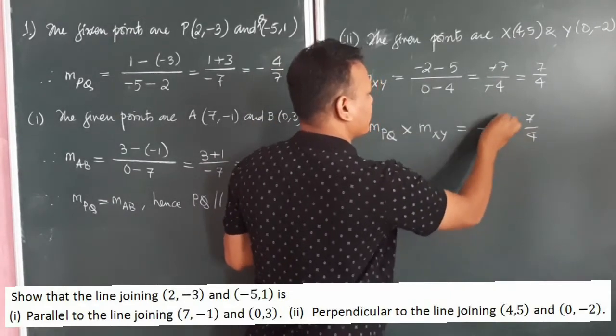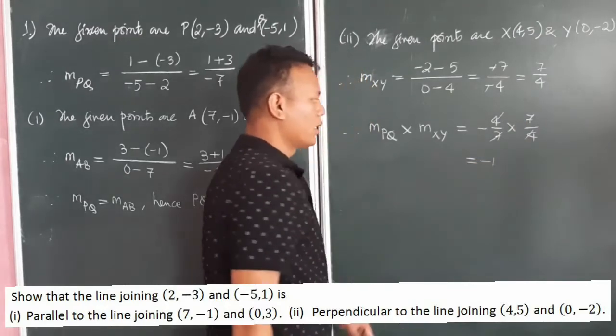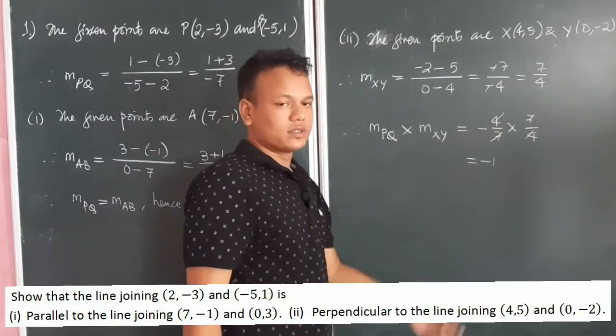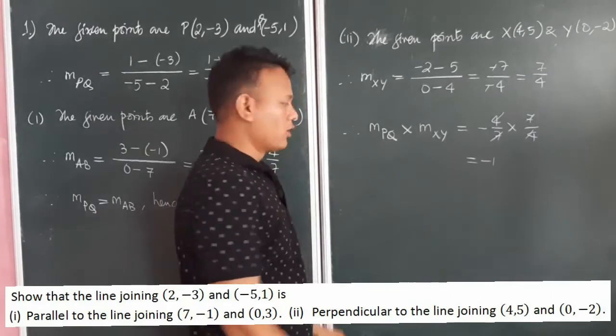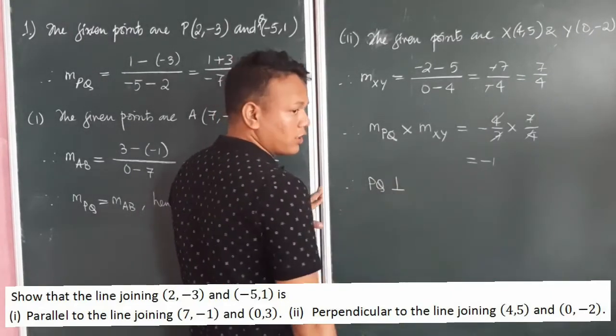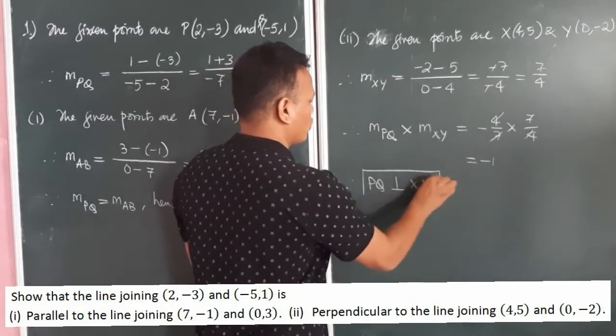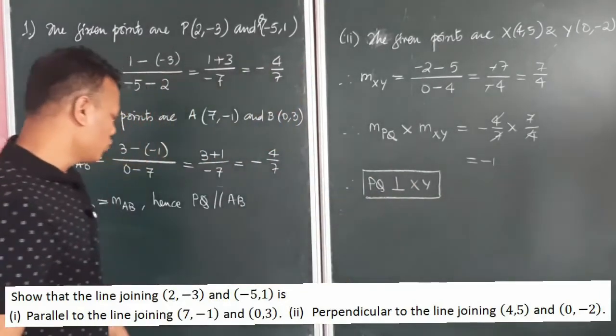So 7 and 7 get cancelled, 4 and 4 get cancelled. What is left is -1. That means the product of the slopes is turning out to be -1. Therefore PQ will be perpendicular to XY. That's what we need to show. Alright, so you may pause the video to note down.